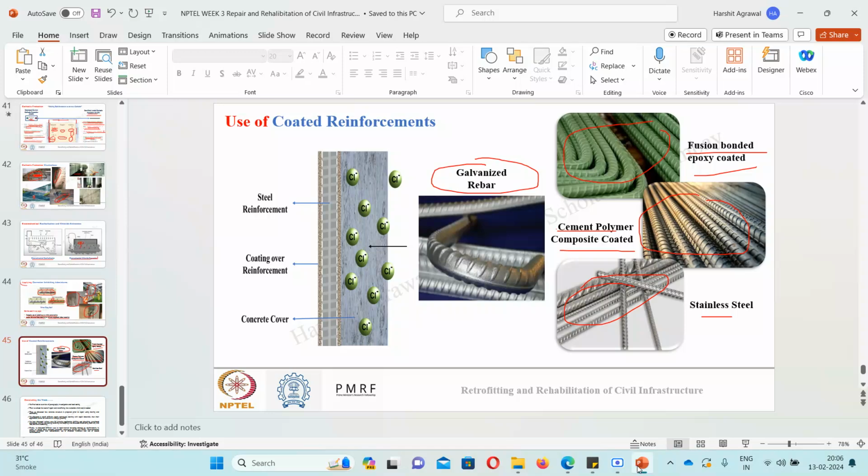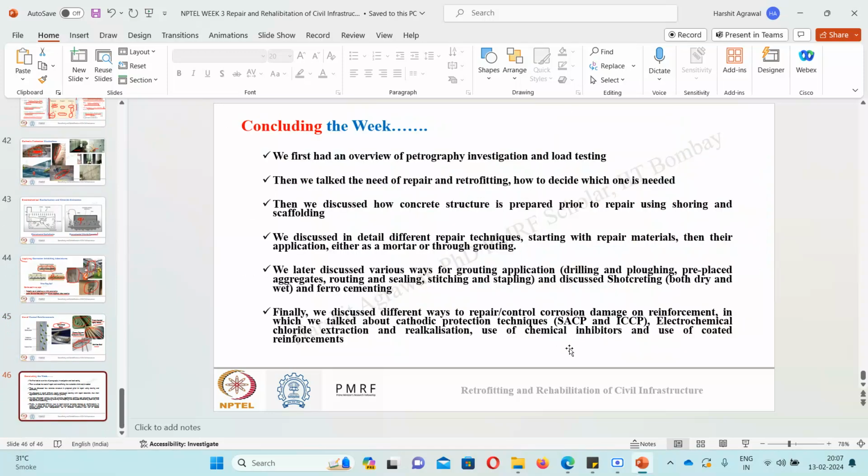I will just quickly conclude the session since we are over time. In this session, we first had an overview of petrographic investigation and load testing. Then we talked about repair and retrofitting, and how to decide which one is needed. Then we discussed how concrete surface is prepared prior to repair using shoring and scaffolding.